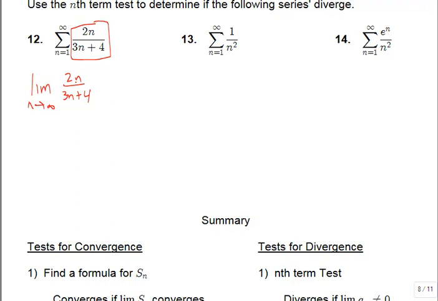Well, the dominant term on top is 2n, the dominant term on the bottom is 3n, so in the limit that's going to go to 2/3. And that is not 0. We need it to be 0 if this is going to have a chance of converging. So the fact that it's not 0 means right away that this series, this sum, must diverge by this nth term test.